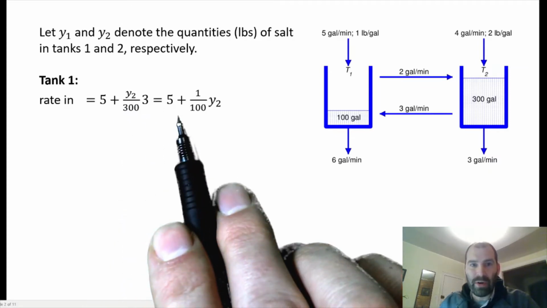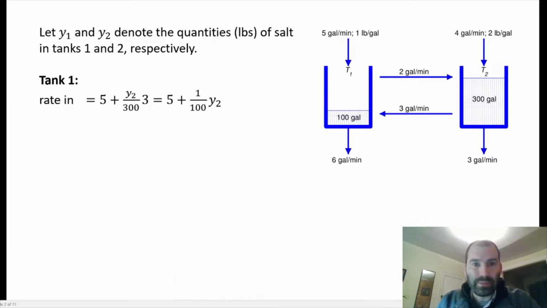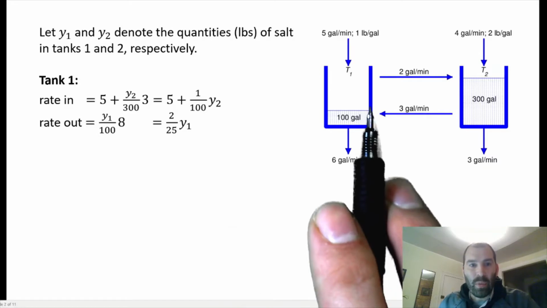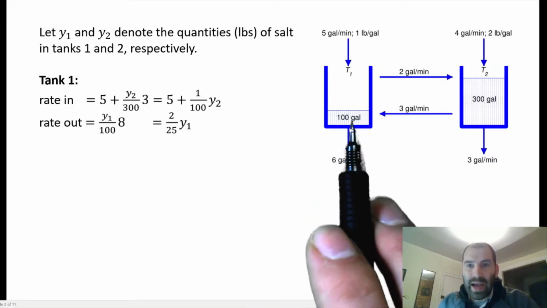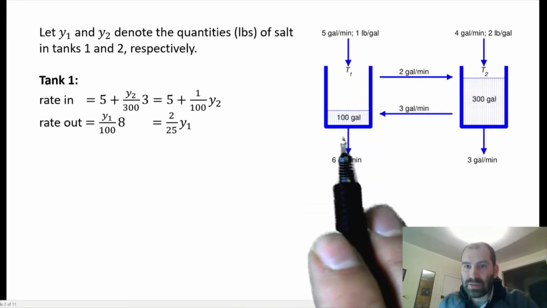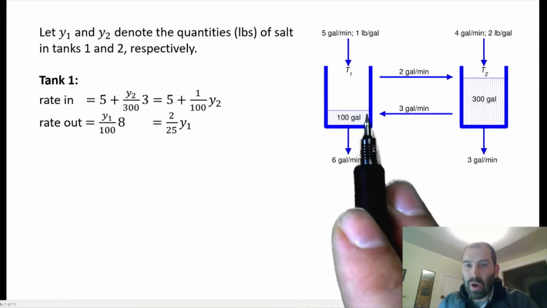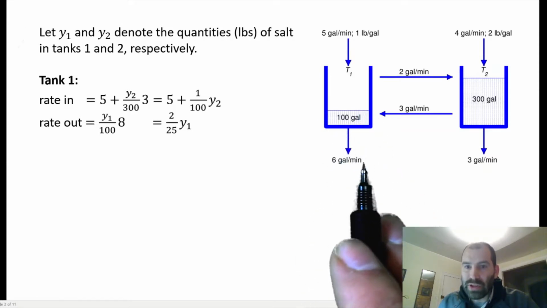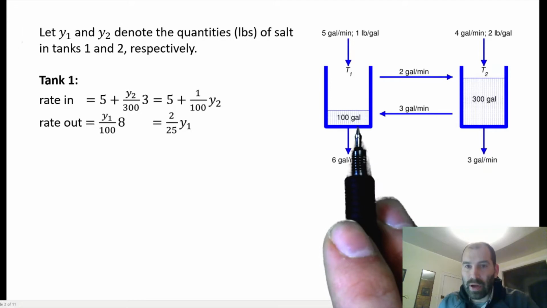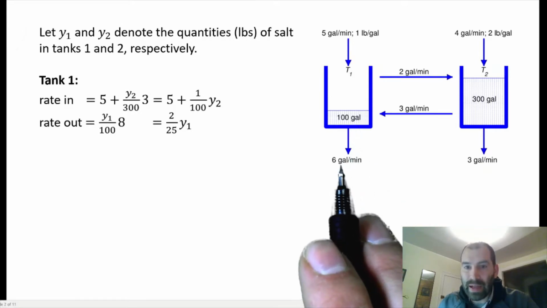Okay, so here we have our rate in. What about the rate out? Well, the rate out of tank 1 is the concentration of salt in tank 1 multiplied by the rate at which fluid is leaving tank 1. It's going to be pounds per gallon multiplied by gallons per minute.